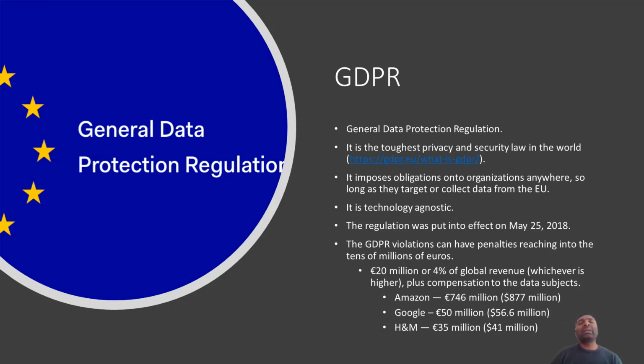There were a lot of initial hiccups at the beginning, but now things have kind of settled down. Still, you would see that many GDPR violations and penalties keep coming, for public organizations and also private organizations.